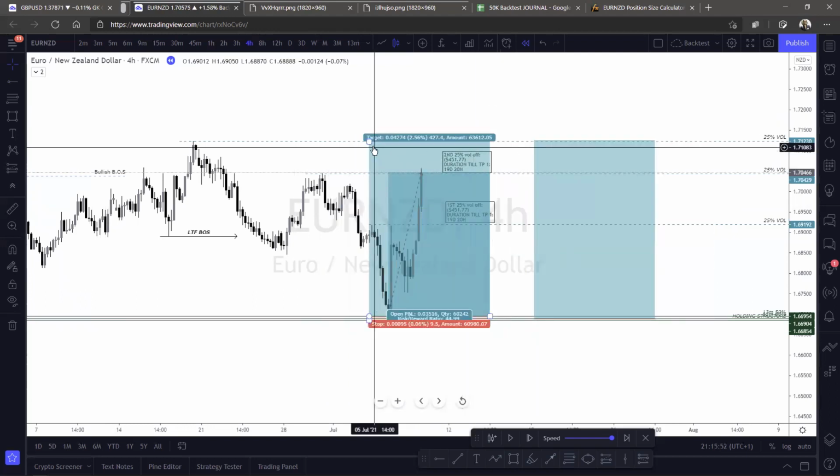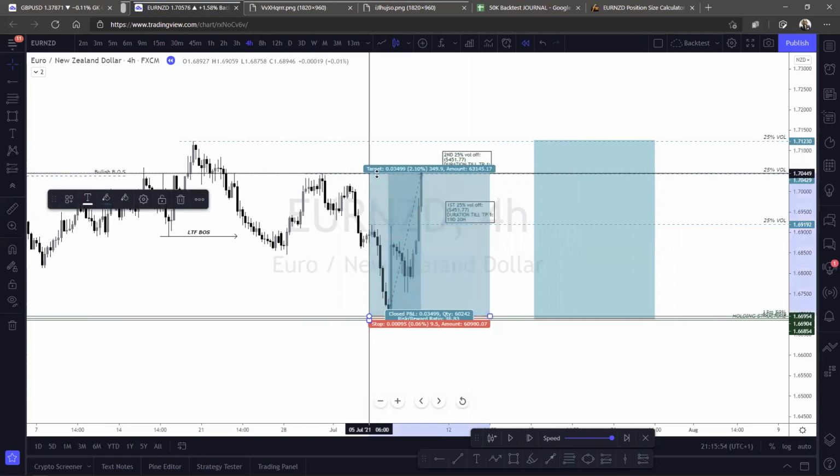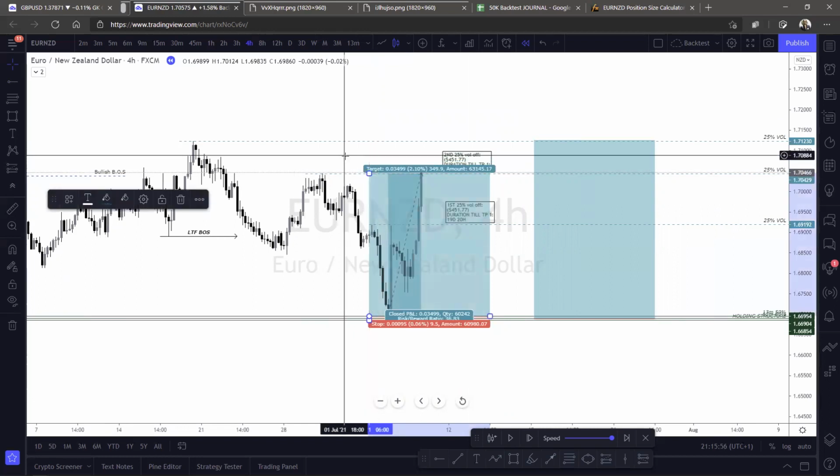So yeah, that one's new balance is 63145.7 minus.